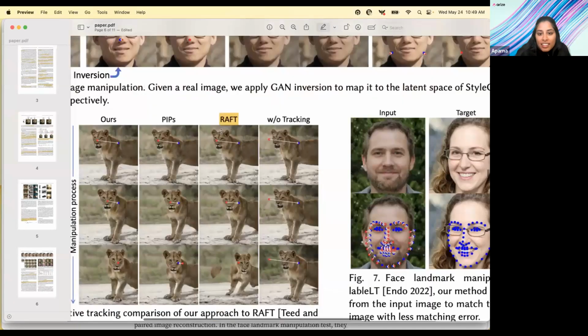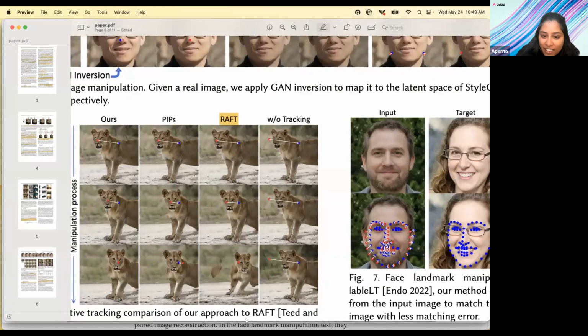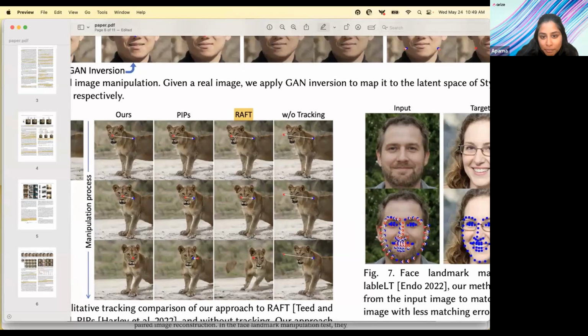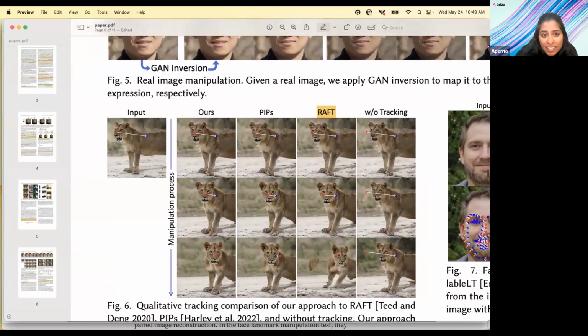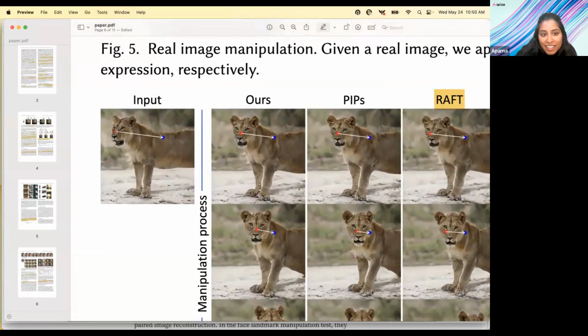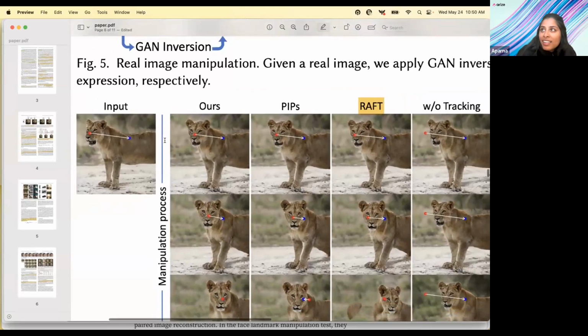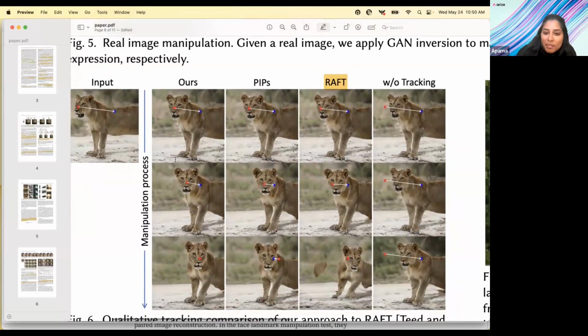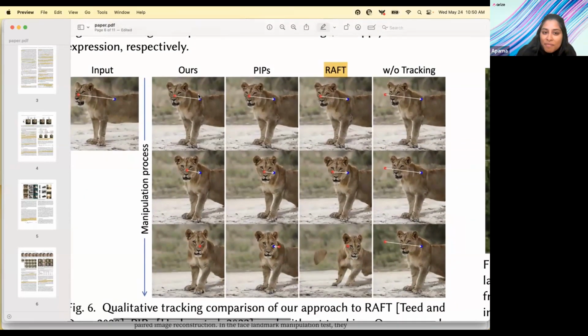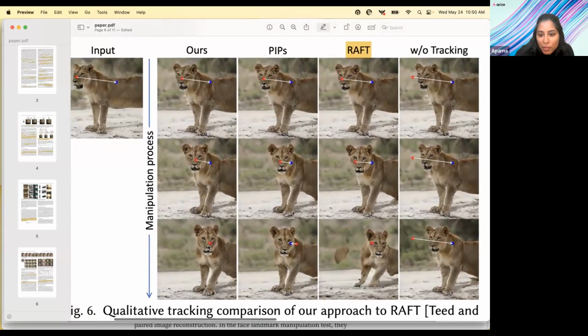And I actually thought it was interesting. Like, this is Raft, for instance, and this is an example where they had the input. They're trying to move the red point over to the blue point, and comparing the approaches here. Some of these, the lion is right on top of the blue point.